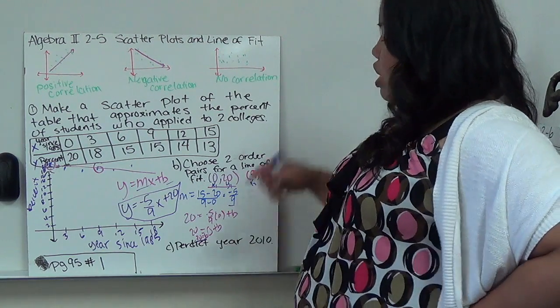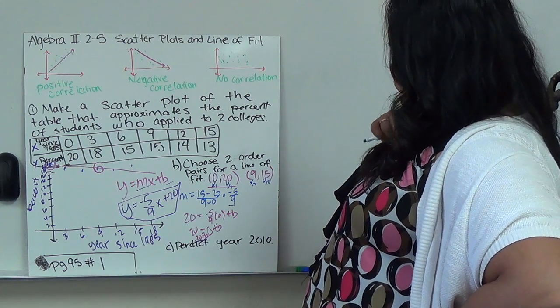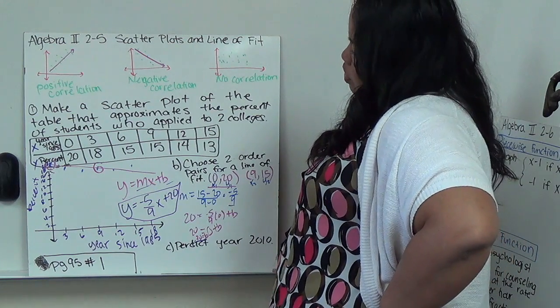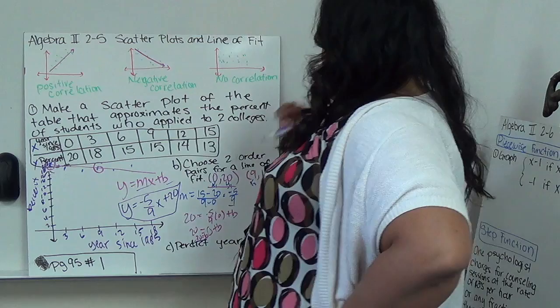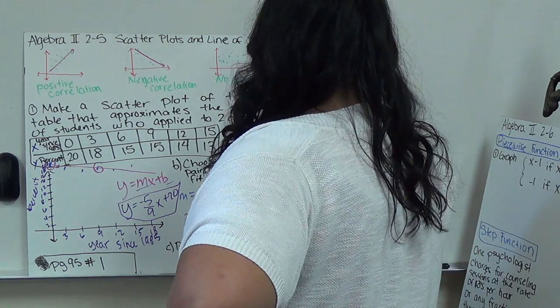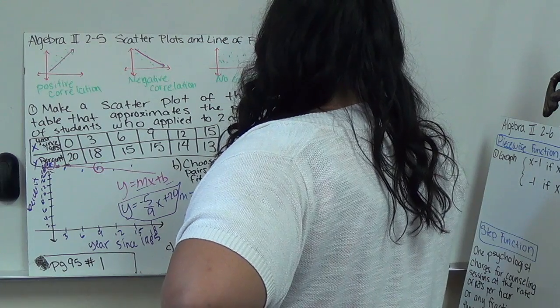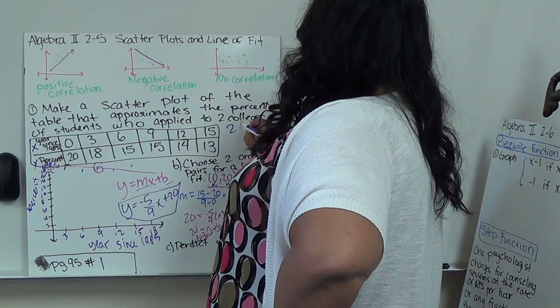And now I can predict any year. So for 2010 from 1985, I have to figure out how many years. To 2000 it's 15, so from 1985 to 2010 it would be 25.